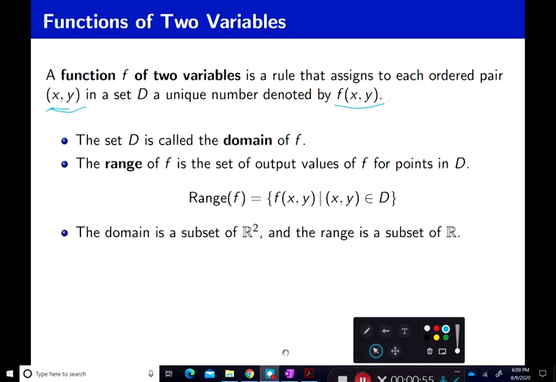D is called the domain of f. The range of f is the set of all output values of f for points in D.